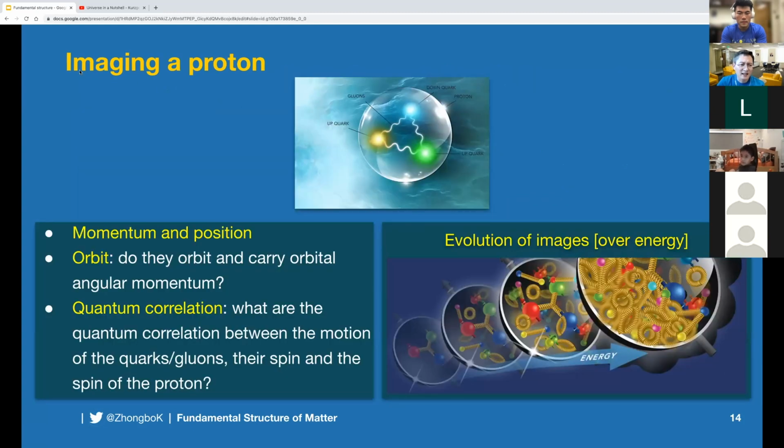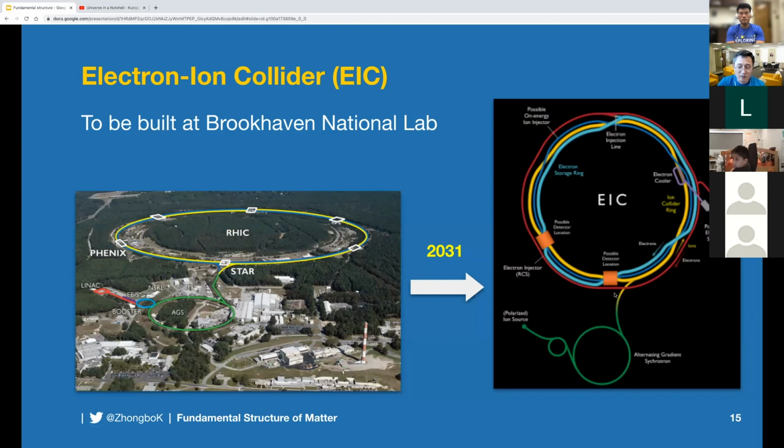These days we want to image a proton and figure out how those quarks and gluons are distributed inside the particle, both in position space and in momentum space, how they're moving, how they're coordinated, and how they evolve through energy and time. This is a very complicated picture coming from our serious imagination, and we need experiments to verify whether it is true or not.